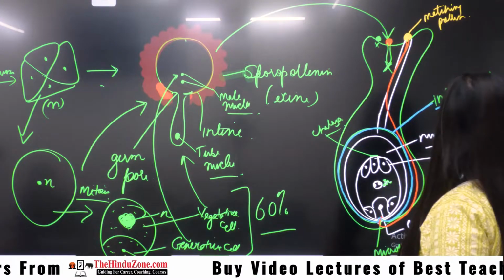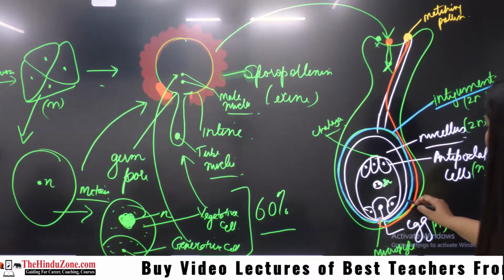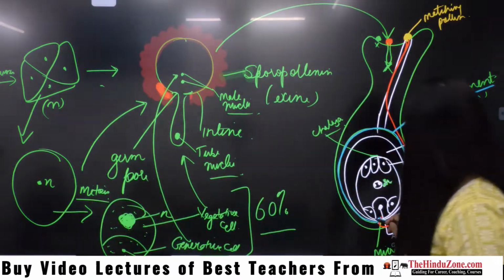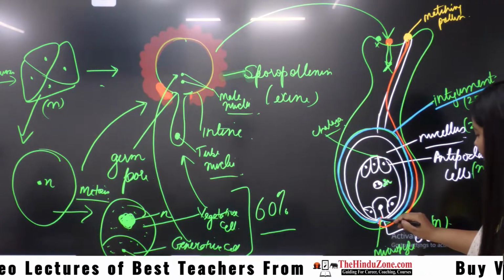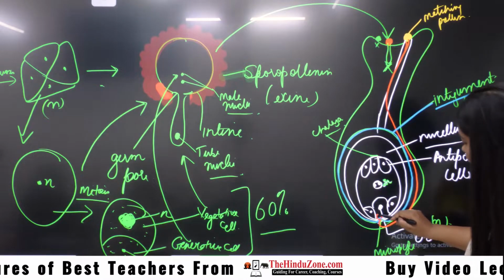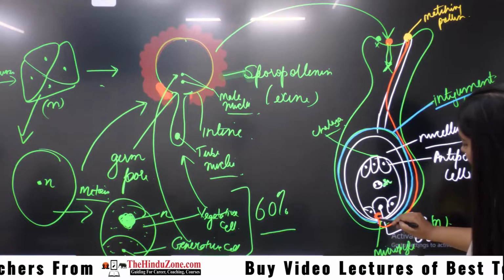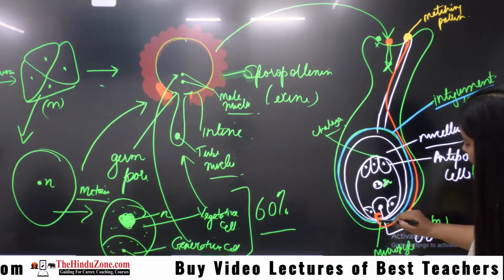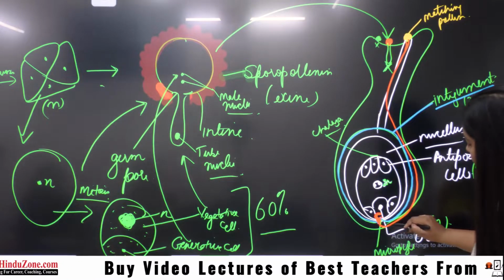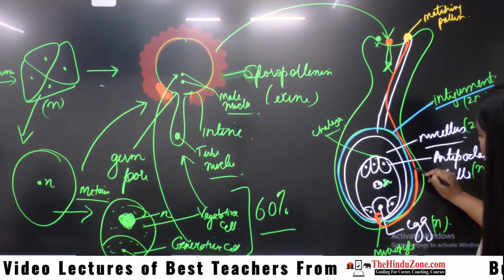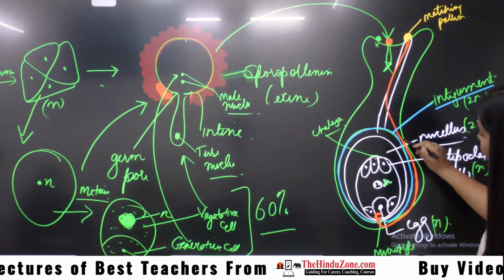Now just see the pollen tube, it has entered inside this embryo sac via the synergids, but the entry was through the micropyle only, and it has not touched the integuments. It has crossed the integuments and come.